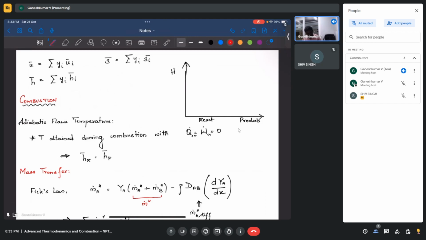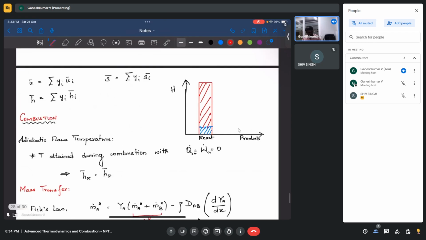In any combustion process you will have some enthalpy in it, and in that you will have some sensible enthalpy, and the formation enthalpy. Formation enthalpy means the enthalpy stored in the form of chemical bonds within the fuel. And this blue color is sensible enthalpy. Maybe I will draw it separately.